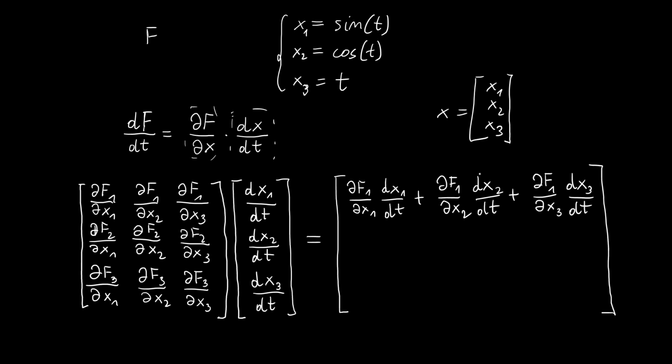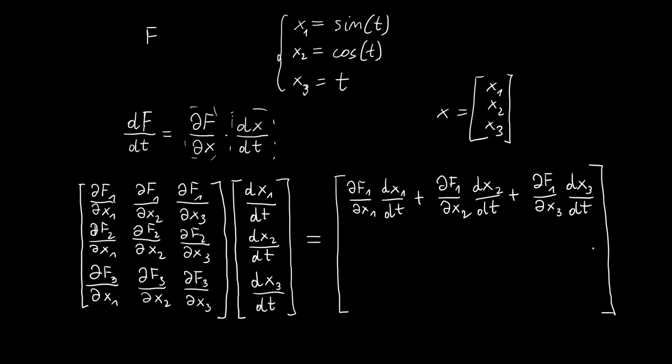Let's pause on this. What is this first value here? It reminds us of something. It is a chain rule for a function which depends on one argument but has only one value, a one-dimensional value, right? We took all possible partial derivatives, multiplied them by the derivative of the argument with respect to time, and added all together.